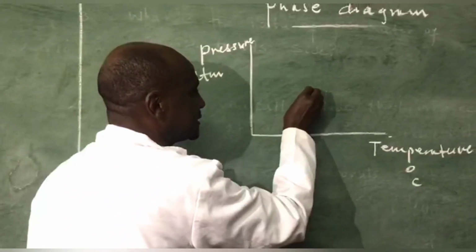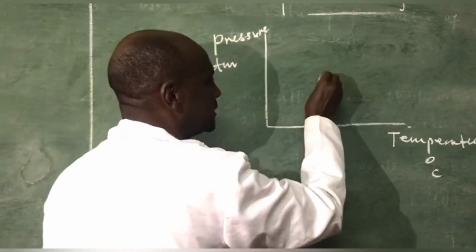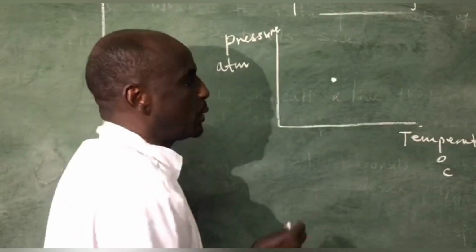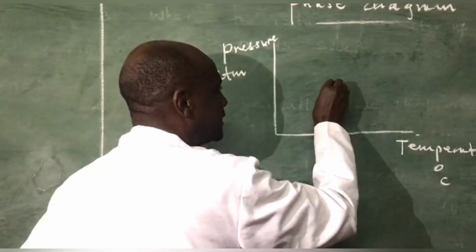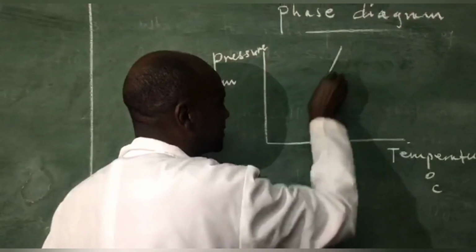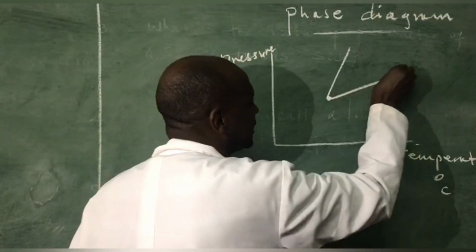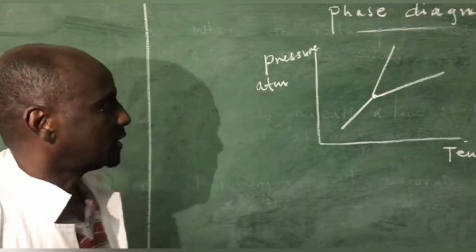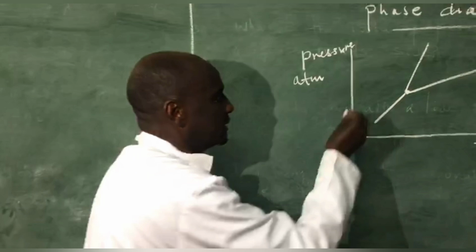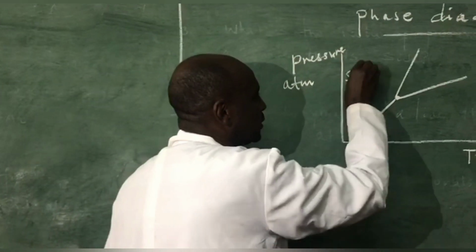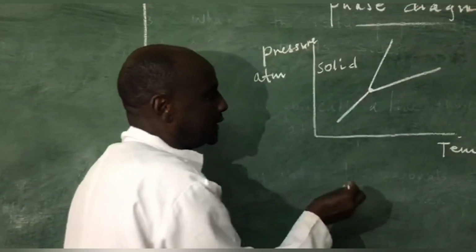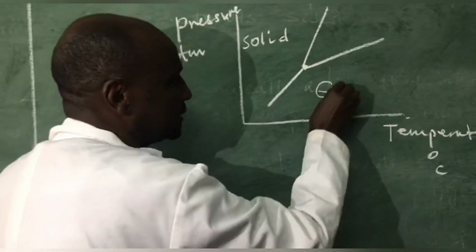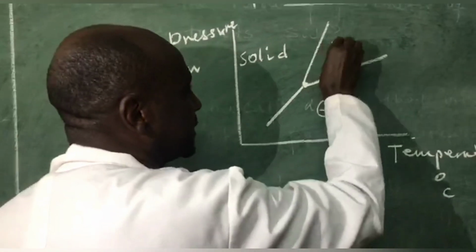It has a unique point, which is known as the triple point, and we have three lines or curves. These are the three curves. Now, this has three regions: the solid region, the gas region, and the liquid.